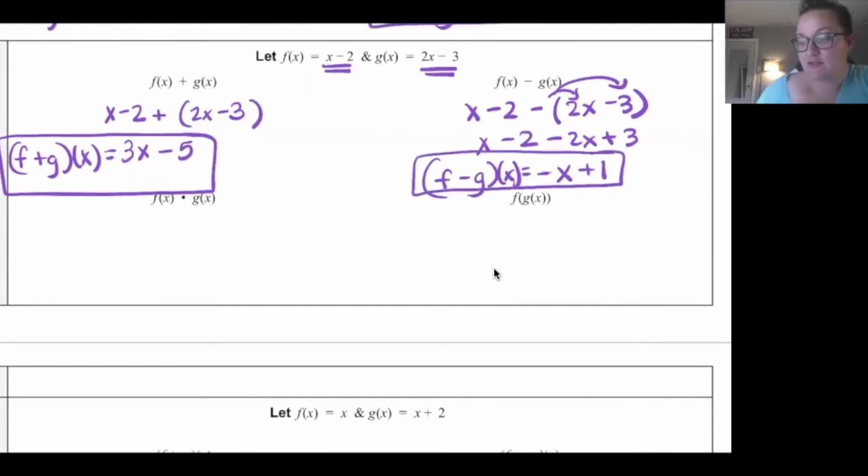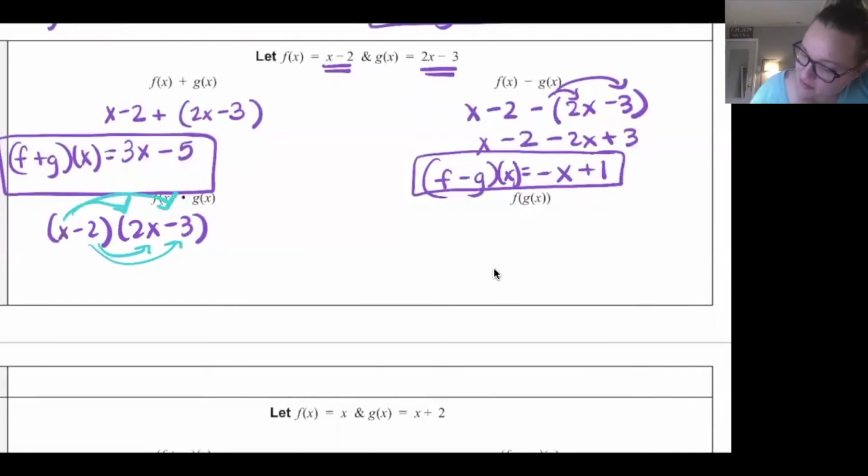All right, go ahead and try the multiplication one without me. So f of x is x minus 2 times g of x is 2x minus 3. So we need to do distribution, a whole lot of distribution. You need to distribute the x and then the negative 2.